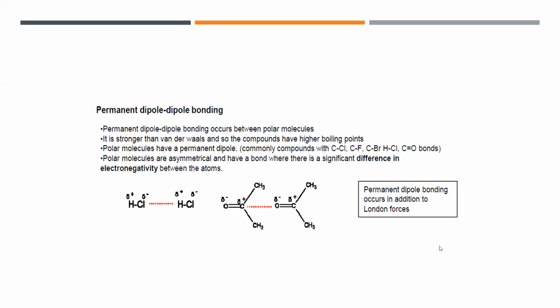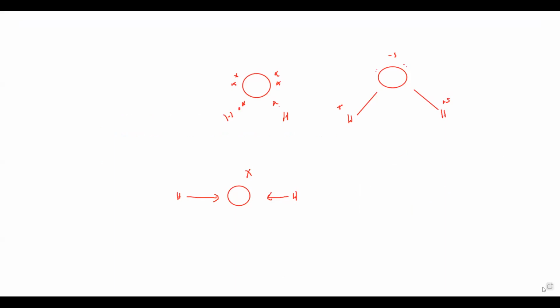So basically, what is a hydrogen bond? The hydrogen bond exists when hydrogen forms a bond with a more electronegative element such as nitrogen, fluorine, oxygen.